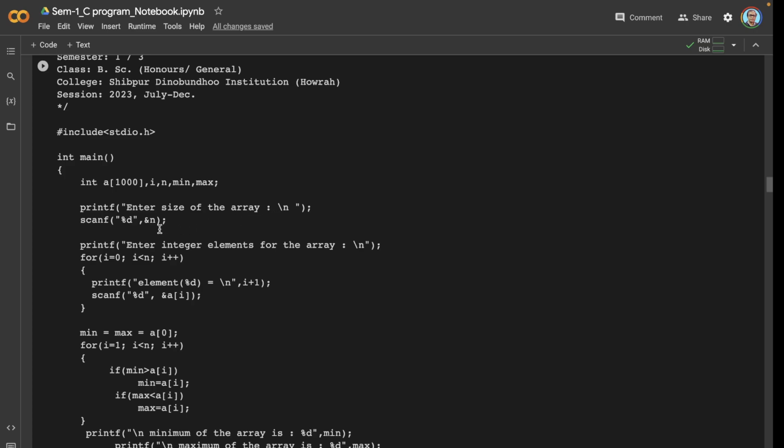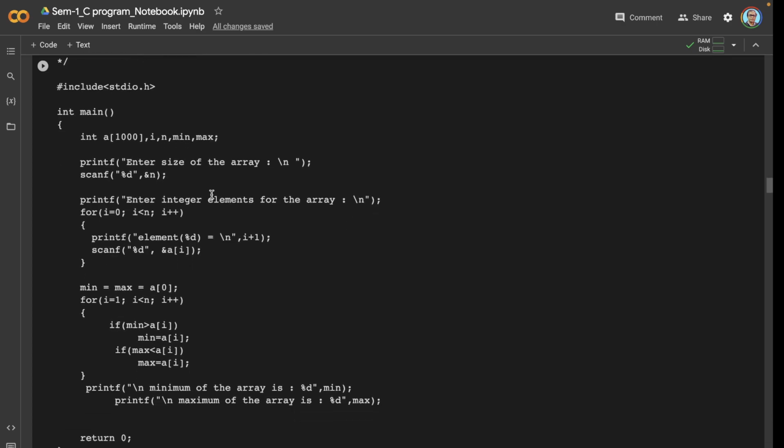Enter the size of the array, the number of elements is n, maybe 10, maybe 20. Enter the integer elements for the array: element 1, element 2, element 3, element 4, up to element 10, and the integer capacity is 100, so A0, A1, A2 up to A90, 999.